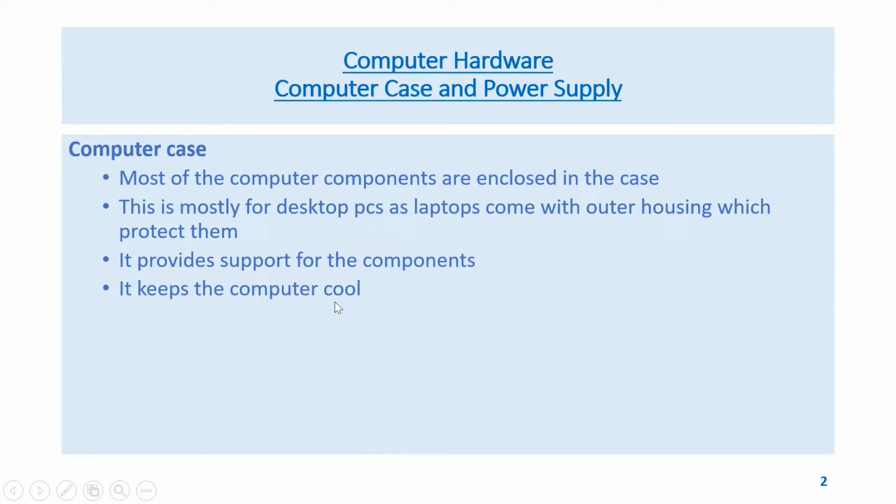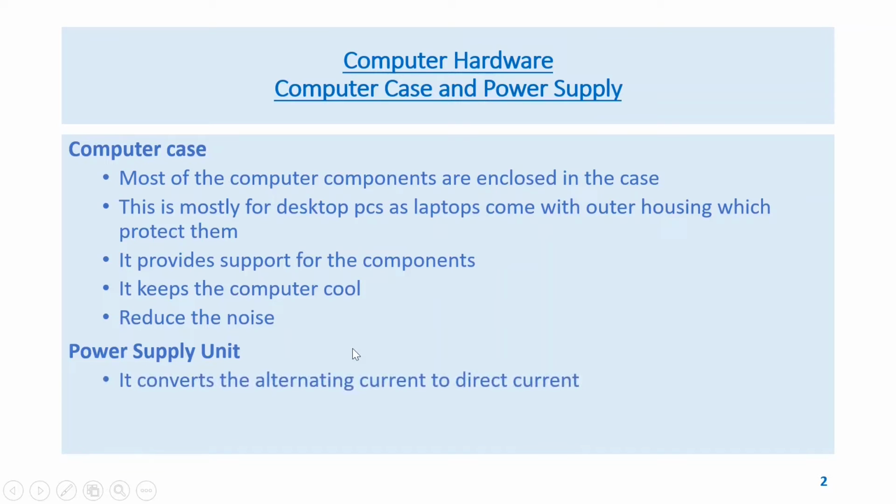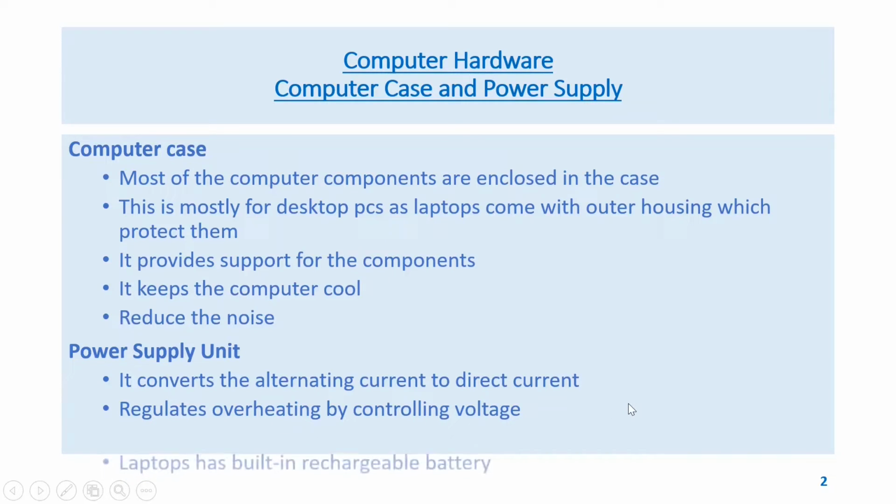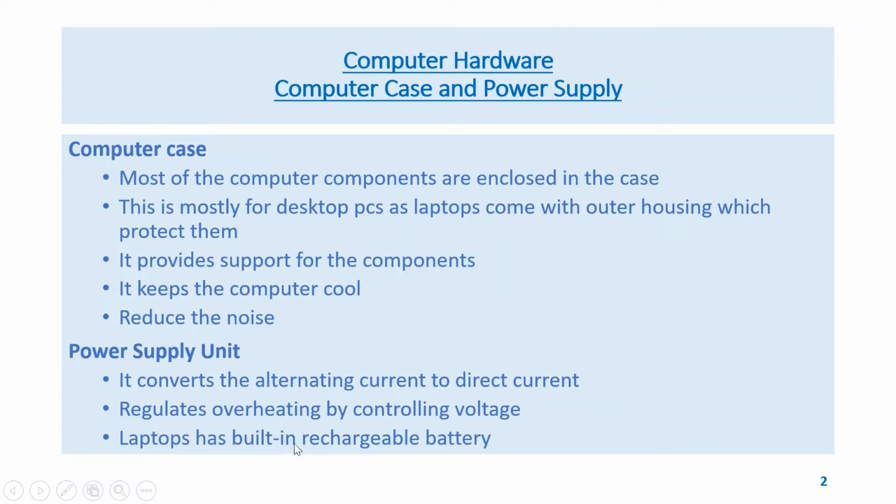It keeps the computer cool. It will reduce the noise. Power supply unit. It converts the alternating current to direct current. It regulates overheating by controlling voltage. Laptops have a built-in rechargeable battery.